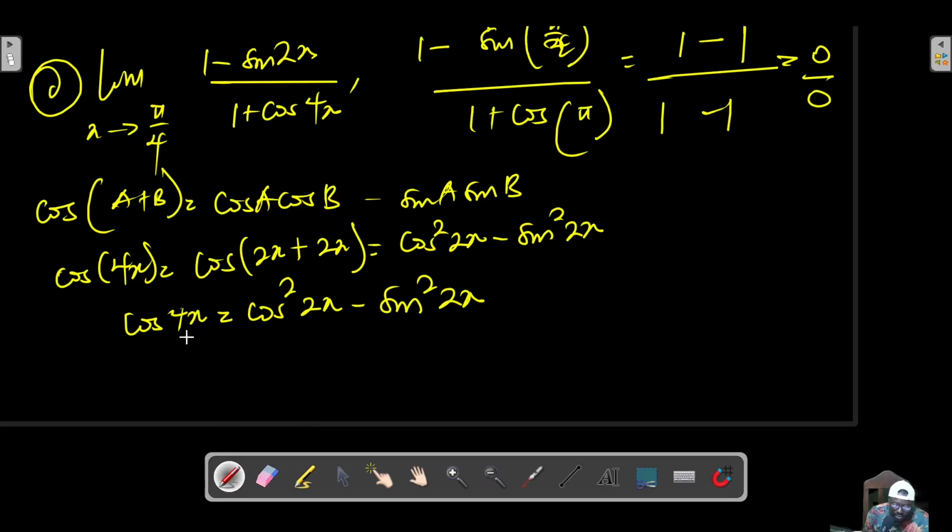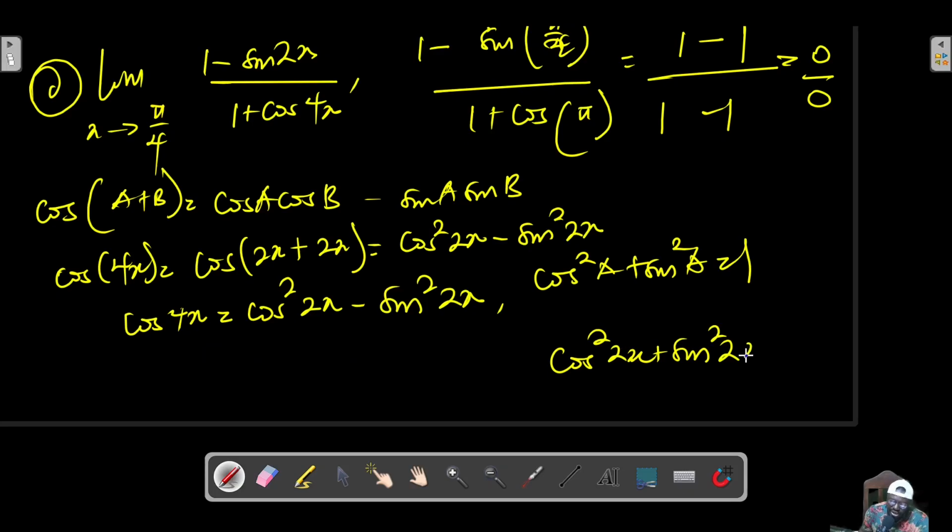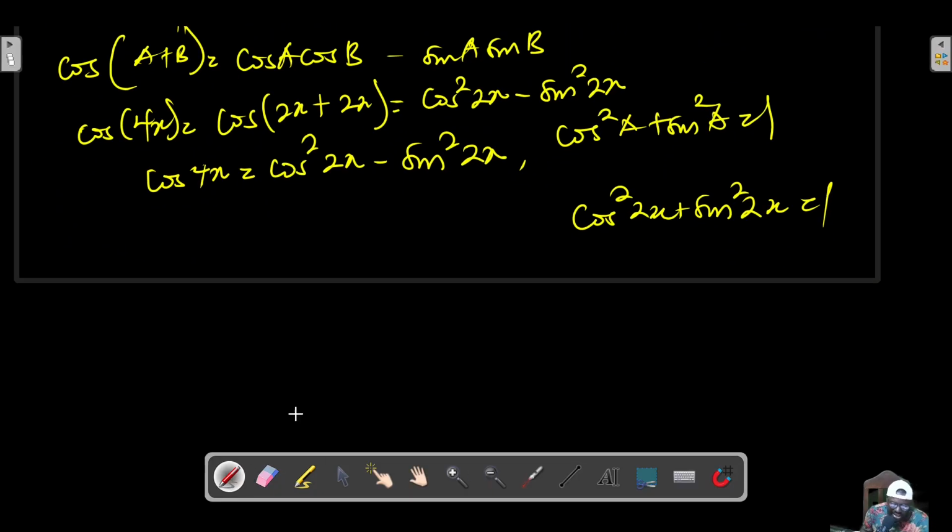I know from trig again this particular identity: cos squared A plus sine squared A is equal to 1. Then similarly, cos squared 2x plus sine squared 2x is equal to 1. So that's the idea I will be using. So cos squared 2x is equal to 1 minus sine squared 2x.